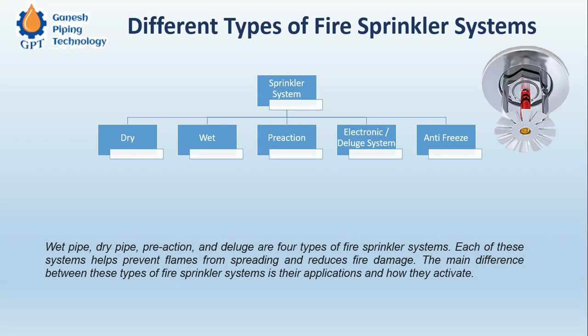Whenever there is a fire at a place, the temperature will automatically rise. When that temperature rises, there is a bulb inside this nozzle. This bulb will melt, or fuse, at a particular temperature, say 400 degrees Celsius or 500 degrees Celsius.